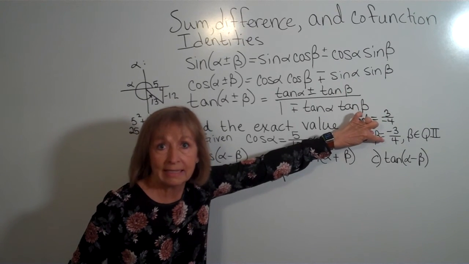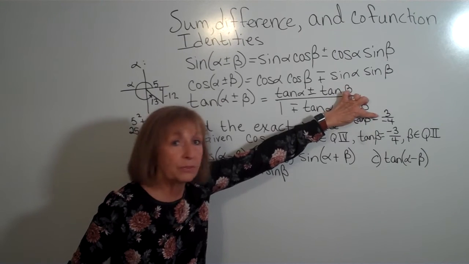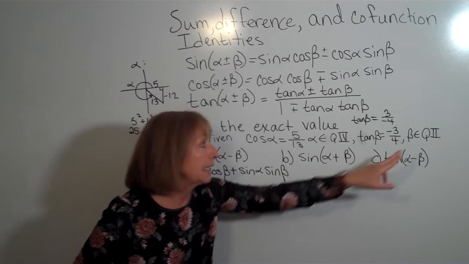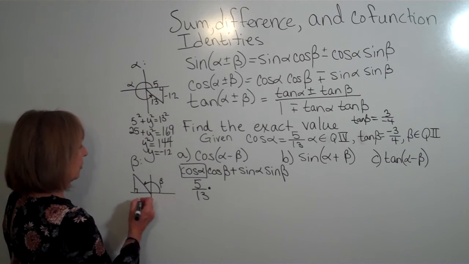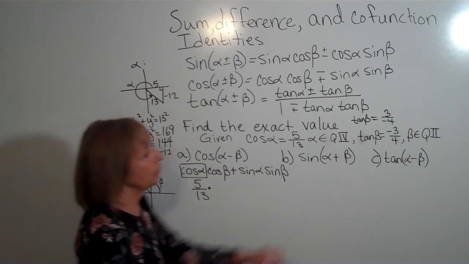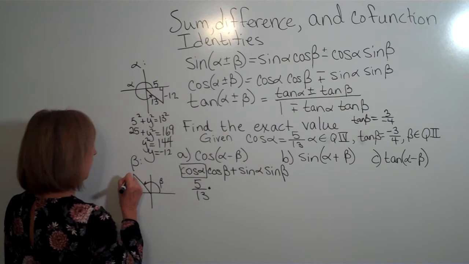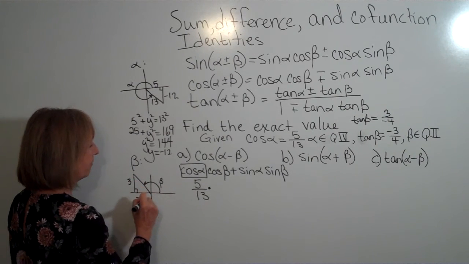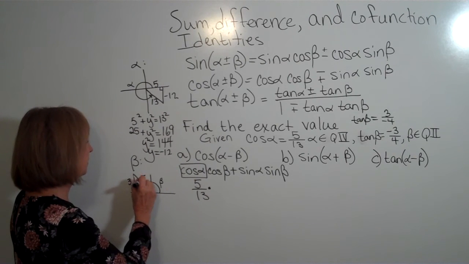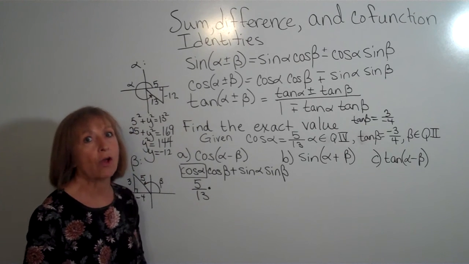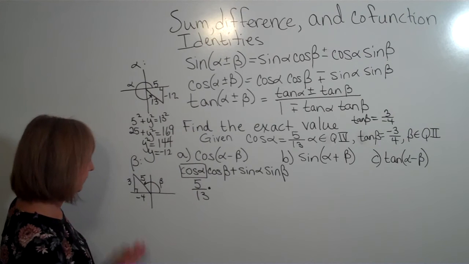It's just this one is like the general value of it, and this one actually has the sign where it needs to be for what quadrant that angle lands in. So my y is 3, and my x is negative 4. And when I use the Pythagorean theorem, I get my hypotenuse is 5. Remember, your r is always positive.